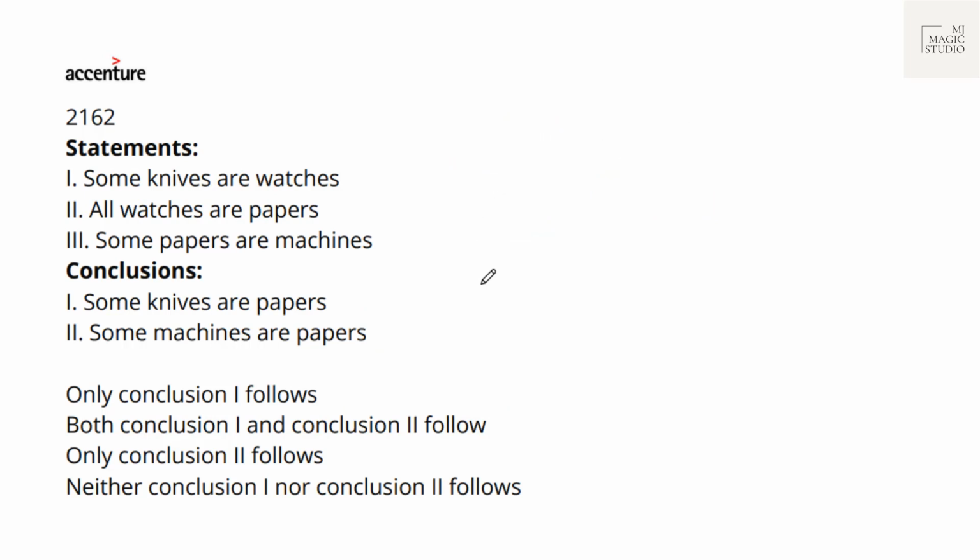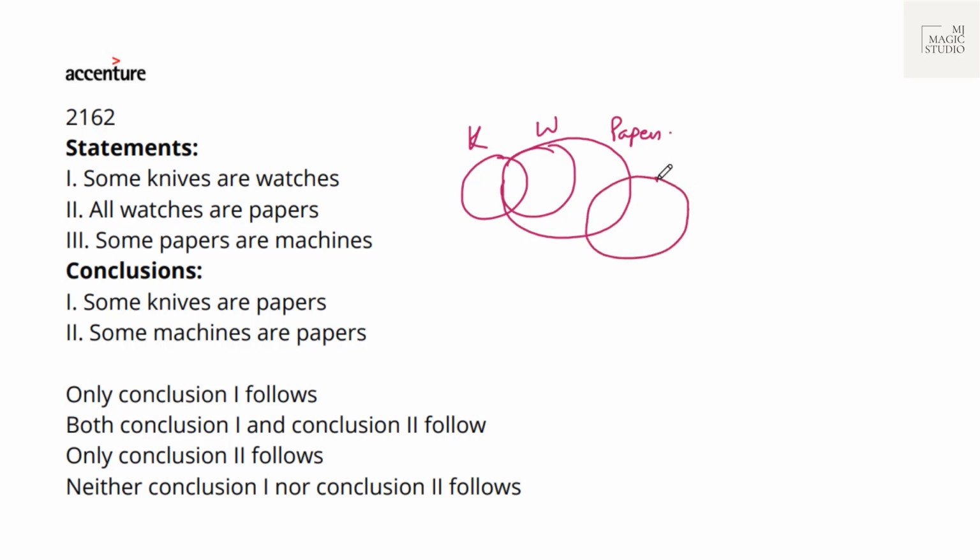Okay, since we are practicing, let's see one more on deductive logic. Some knives are watches. All watches are papers. And some papers are machines. Okay, this is a proper Venn diagram.